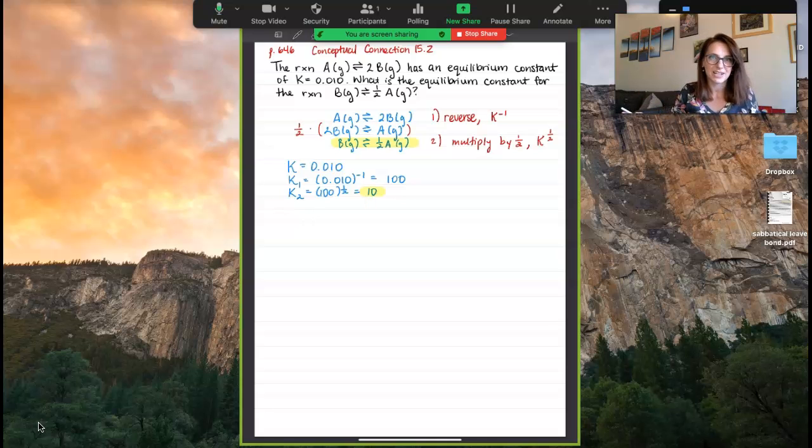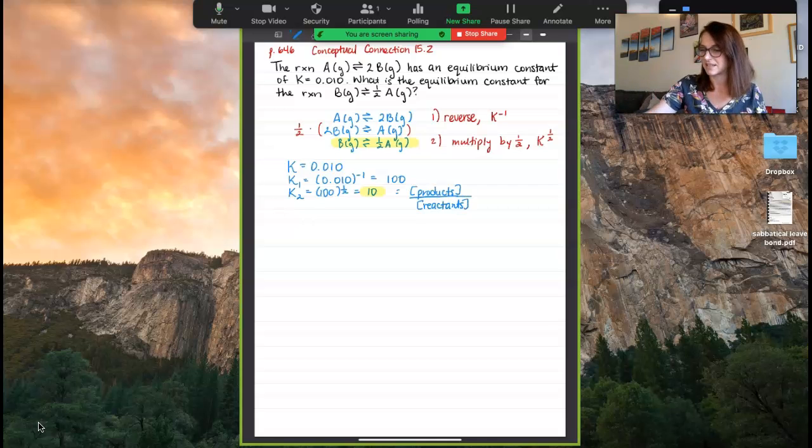Does it favor products or does it favor reactants? It favors products, right? There should be 10 times the amount of products as reactants. Because remember, equilibrium constants are equal to products over reactants. And so anything greater than 1 indicates that it favors products more.